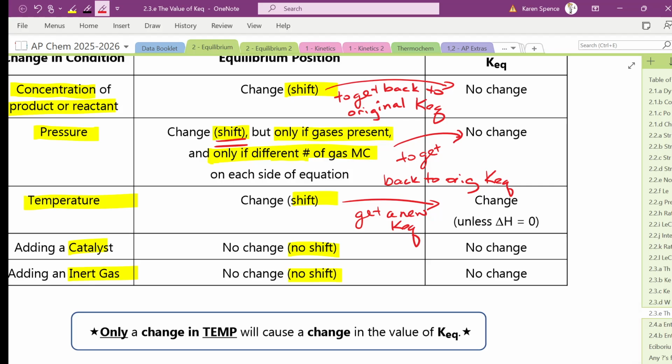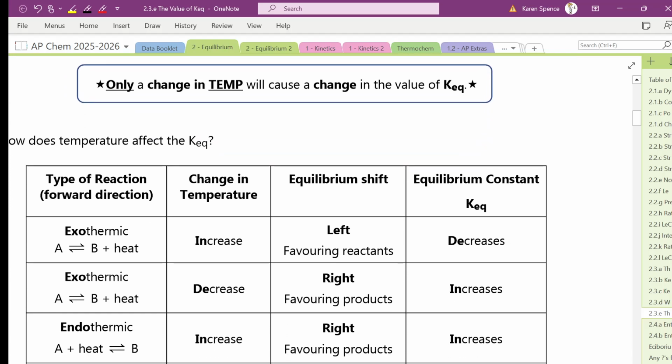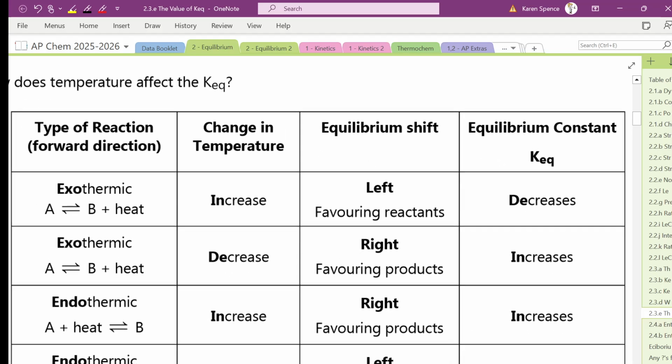Okay, so only temperature can change the value of KEQ. How does temperature affect KEQ? It just depends on which direction it shifts. So if you can predict the direction of shift, you can predict whether temperature will increase or decrease the KEQ. If the forward reaction is exothermic, and we increase the temperature, then the system will shift to the left.